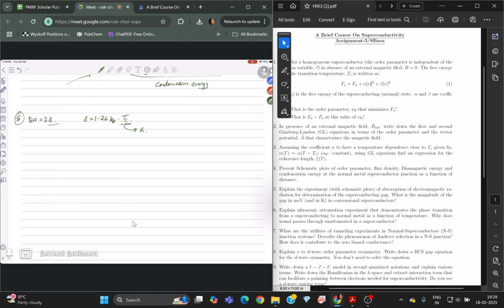So basically, what happens is radiation of frequency of the order of 10 to the power 11 Hertz is guided into a small cavity made with superconducting material. Within this cavity the radiation is reflected many times before it comes out and gets detected by a detector at a fixed temperature. Let's say when T is lesser than Tc, below critical temperature, Is and In are the intensity of the radiation detected corresponding to the superconducting and normal state.